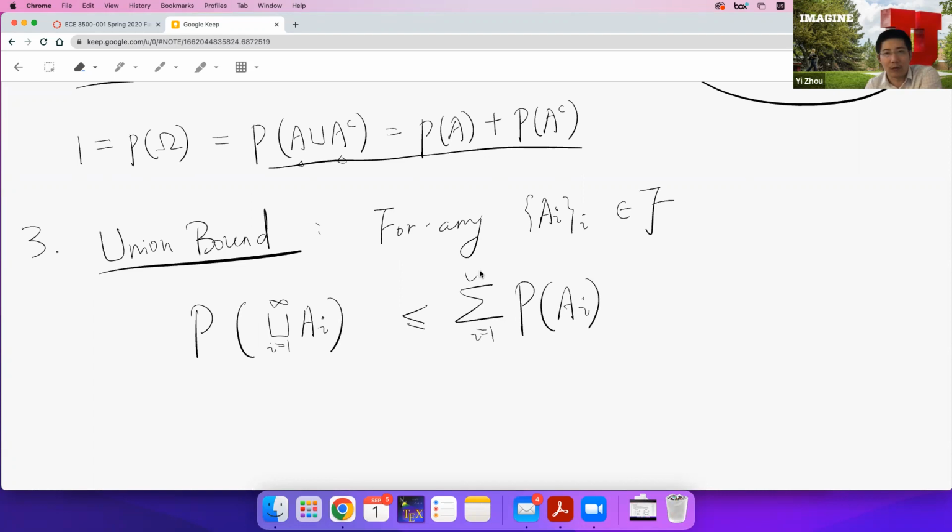Here I should note that we do not require the A_i to be mutually exclusive, because if they were mutually exclusive, by the third axiom of probability law this should be an equality instead of an inequality.